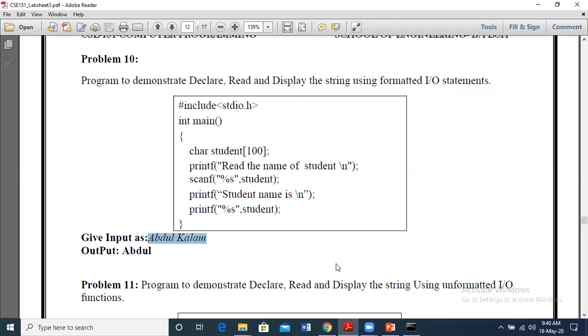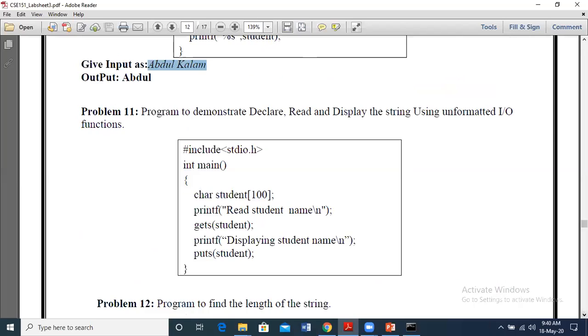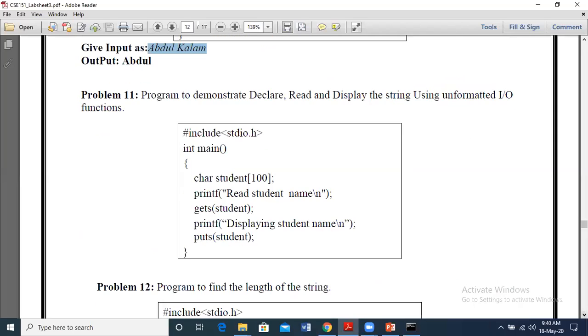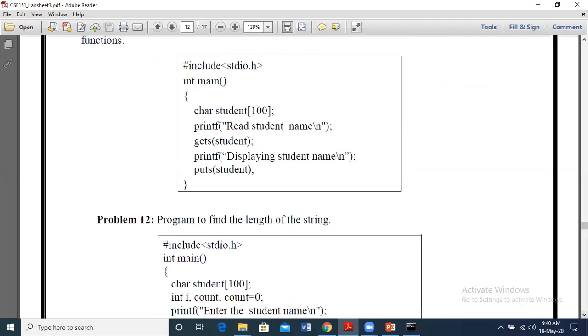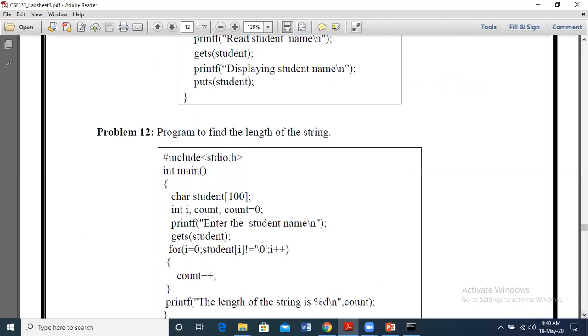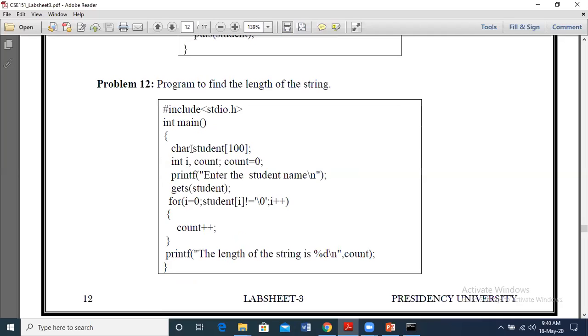Length is the number of characters including the space, if we take input using gets. So the length of the string is the number of characters. Size is how much we have declared, that is how much is reserved. If we declare 100, size will be 100 bytes, but the length depends on the input, right?